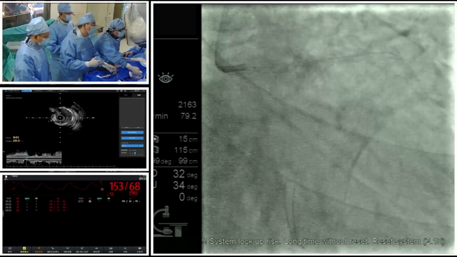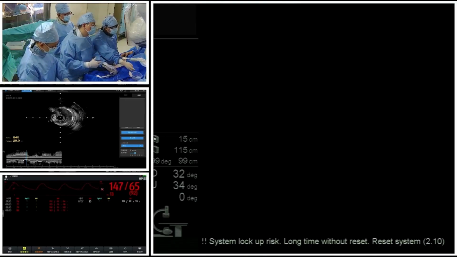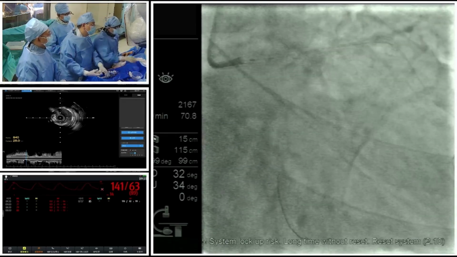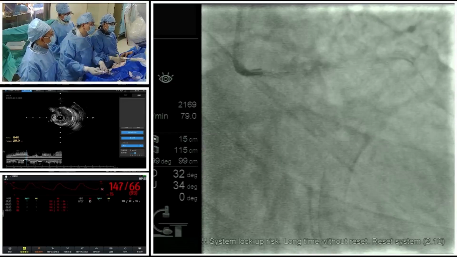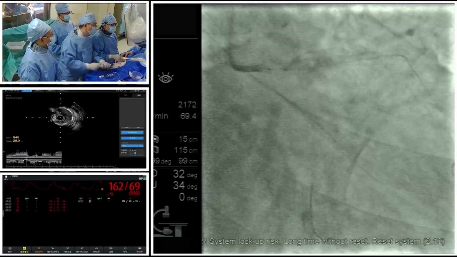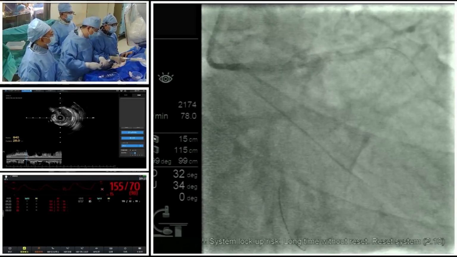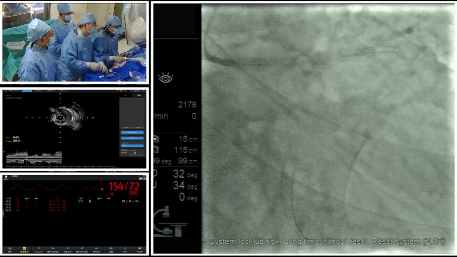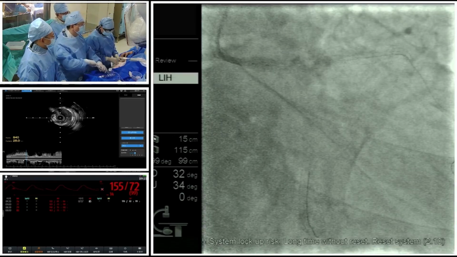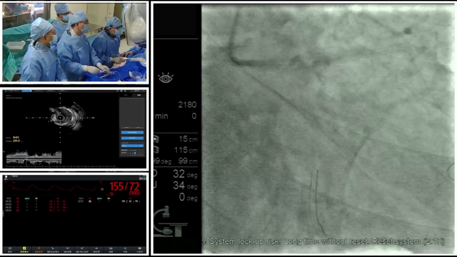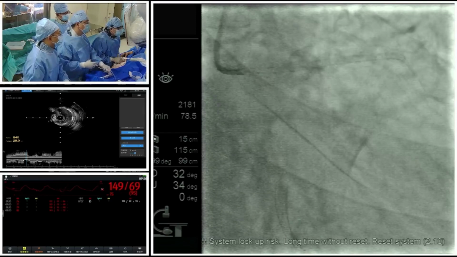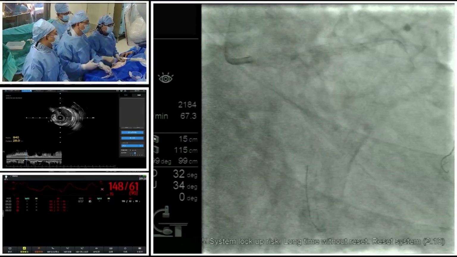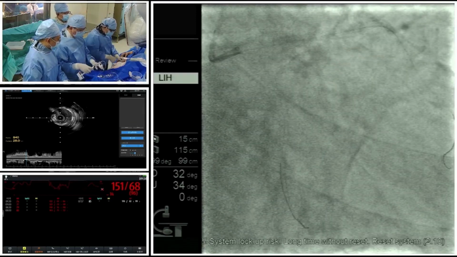For the first part, the distal marker of the NC balloon will cross the main branch, and it's very important for the next kissing technique.